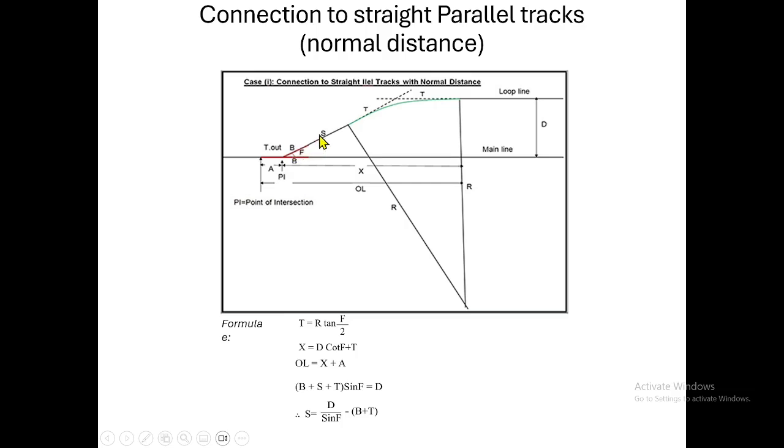B plus S plus T, the total hypotenuse, into sine F equals our d distance. Rearranging, we get S equals d by sine F minus (B plus T). This is the formula we can use for the overall distance, the straight distance to be introduced, and the tangent length.